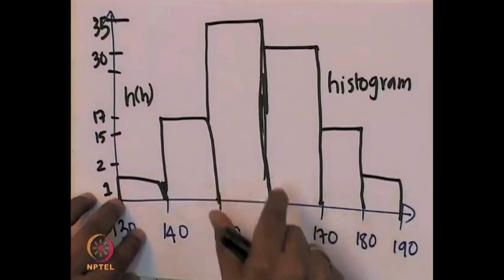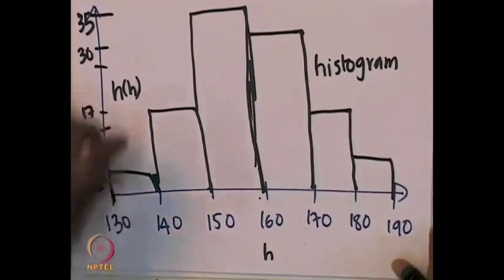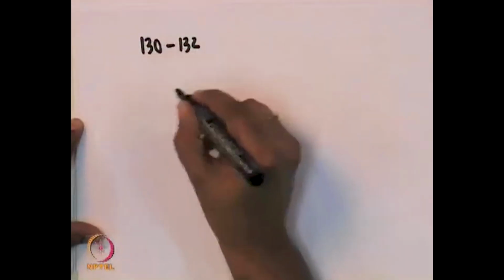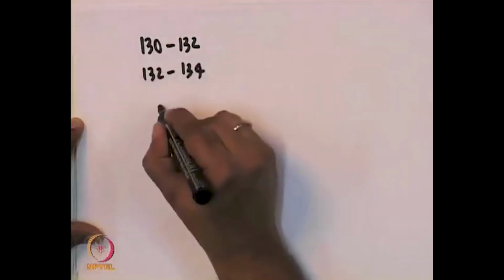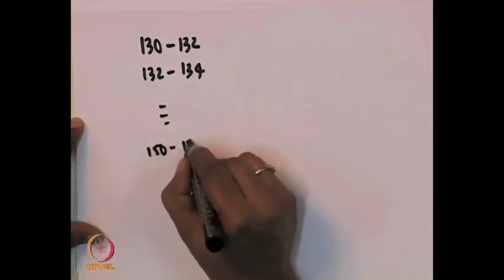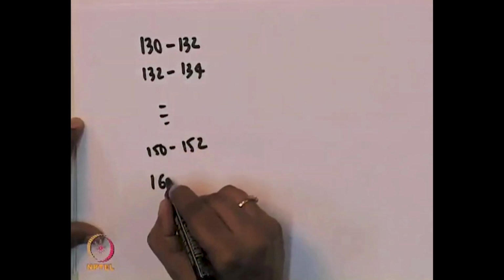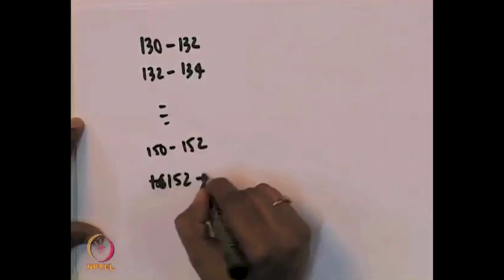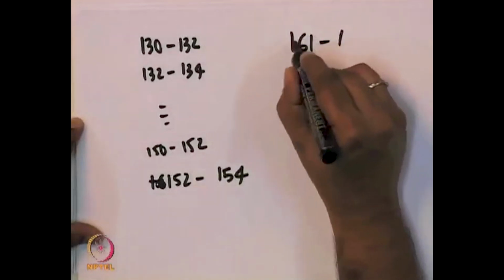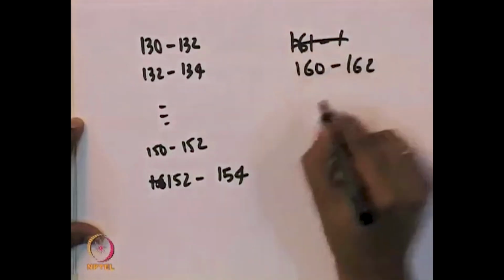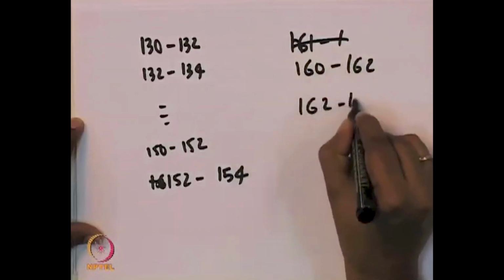We can actually reduce the range. Instead of 130 to 140, I could write how many students between 130 and 132, 132 and 134, and 150 and 152, 152 and 154, 160 and 162, 162 and 164.